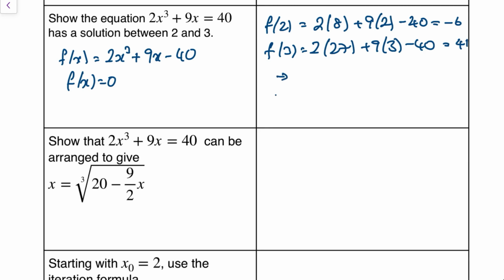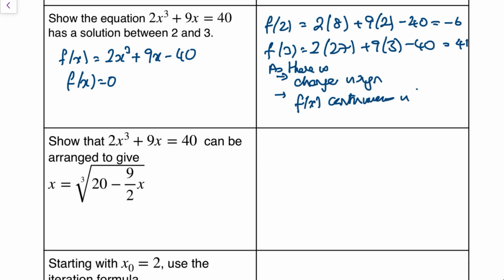Then I need to say these two things, and I can literally just list them. I can say, as there is a change in sign, in other words, positive to negative or negative to positive, and f of x is continuous in the interval 2, 3.